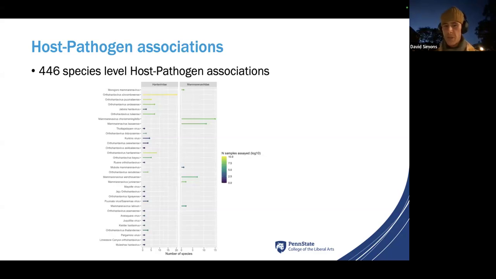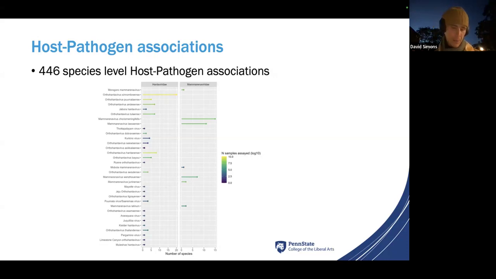I thought I'd show some host pathogen associations because that's what got me into this to begin with. This is a very small graph, so I don't know if you can zoom in, but the takeaway is that the idea that you have one host for a pathogen may not be that true. For example, for Sin Nombre, there are 20 different species that have been found to be infected.